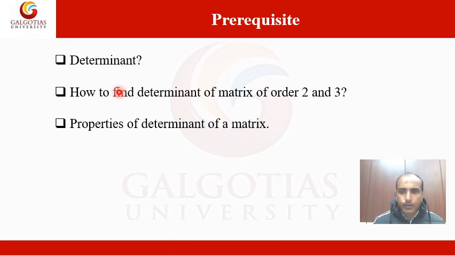Before starting our today's topic, that is solution of a system of linear equations by Cramer's rule, we should know about determinants. In the previous lecture we learned about the determinant. Every square matrix can be associated with a unique number, and this unique number is known as the determinant.